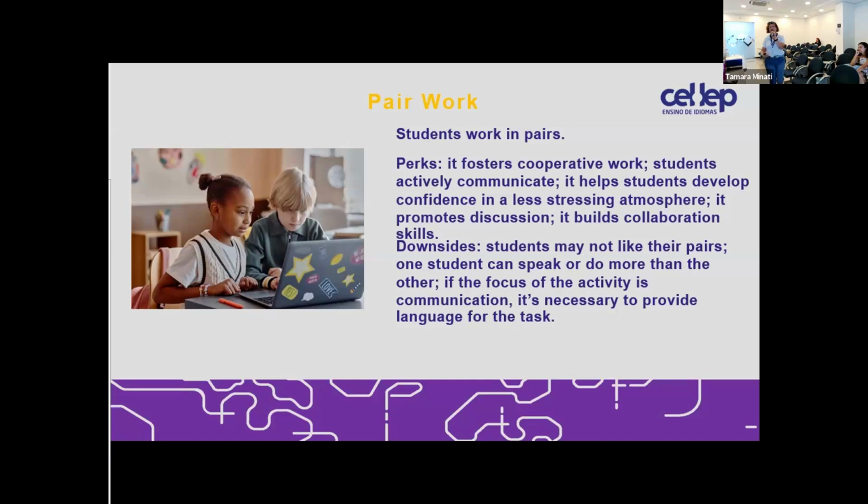They don't have the structures to talk about it. So we can help them by giving language for the task they are doing. And then they know how to start. They know what to do, okay? And the possible usage: story creation, so they can come up with stories together, role play, and research.